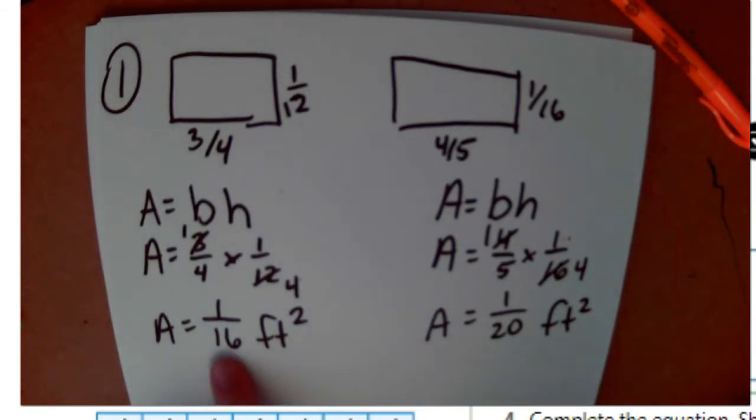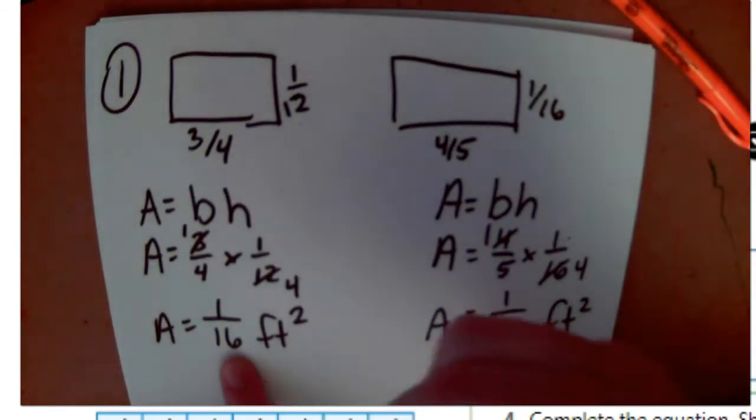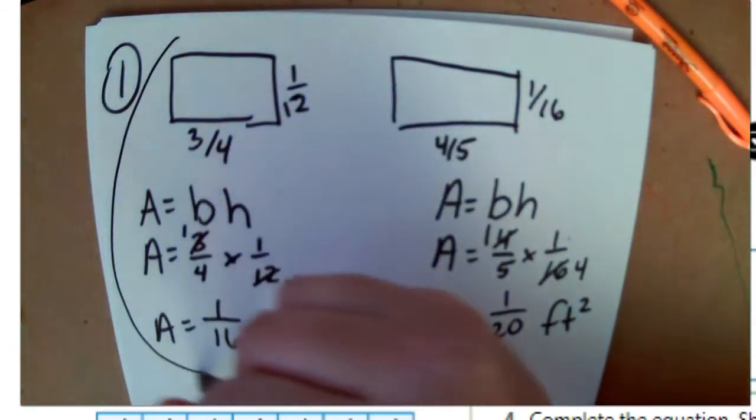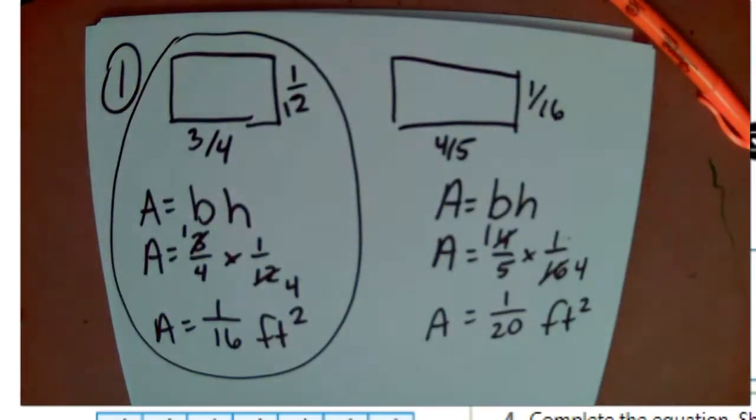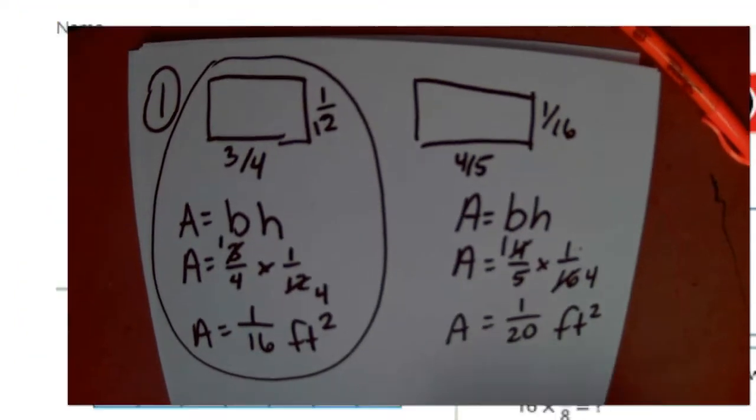If I have a pizza and I cut it into 16 slices, and I have another pizza, same size, cut into 20 slices, which piece is going to be the biggest? The one that has 16 pieces or the one that has 20? Well, if there's 20 pieces, they have to be smaller pieces if they're cut out of that same whole pizza. So 1/16 is going to be the bigger area. It's the bigger fraction. That's going to be the rectangle with the greatest area.